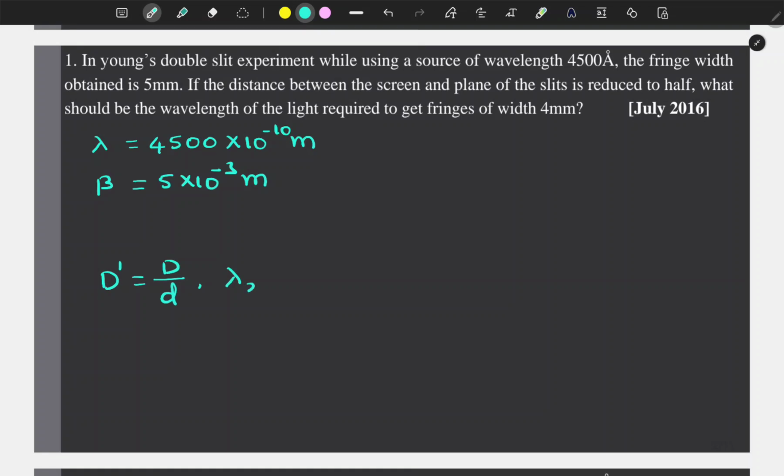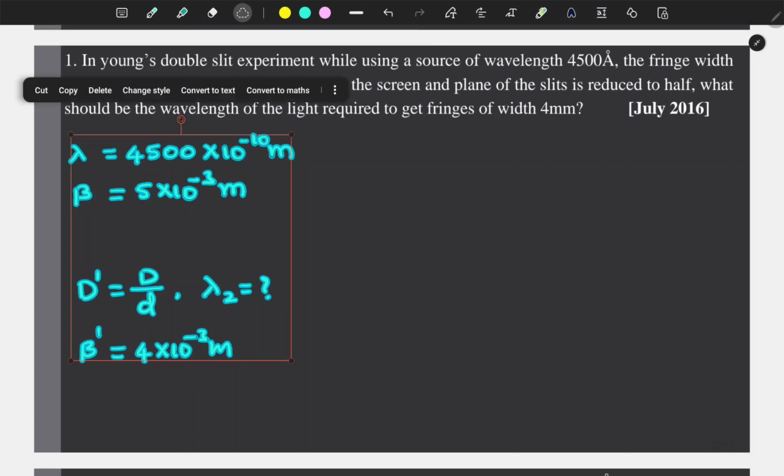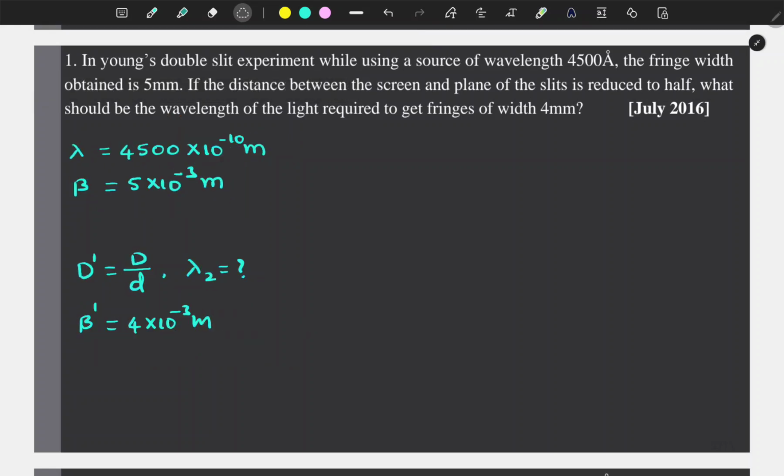Means we need to find lambda 2. What should be the wavelength of light required to get the fringe width beta dash equal to 4 millimeter, that is 4 into 10 to the power minus 3 meter? Very simple question. Here we need to find lambda dash.